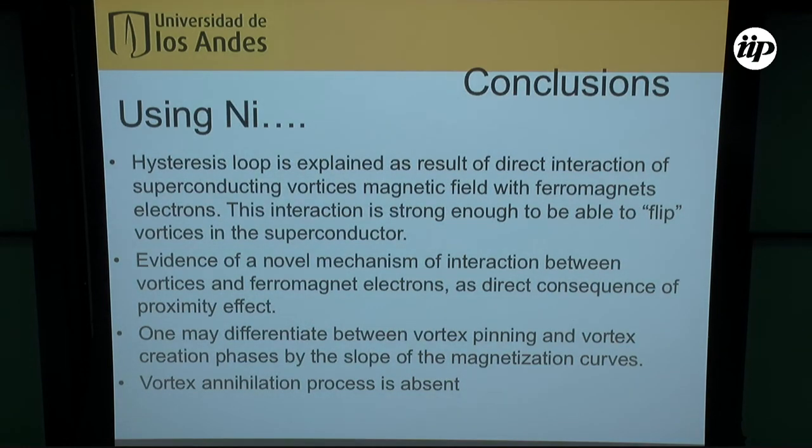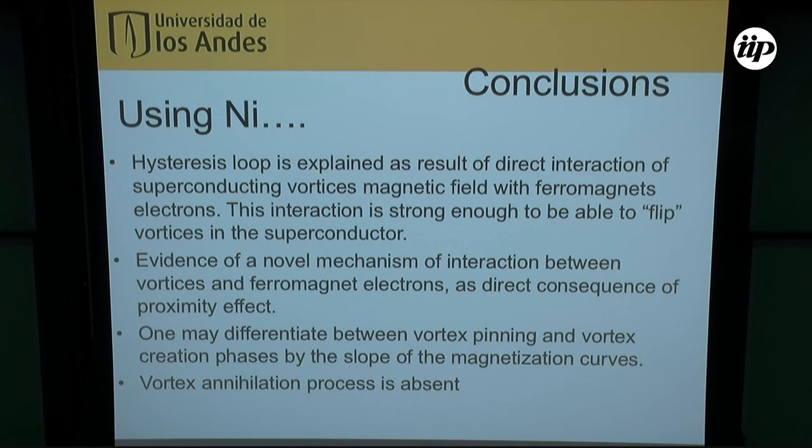Anyways, what are the conclusions of this work? When you use nickel, the hysteresis loops are explained in terms of direct interaction of the superconducting vortices with the magnetic field of the ferromagnets, right? The field of the superconducting vortices with the electrons of the ferromagnets. This interaction is strong enough to be able to flip vortices, okay?